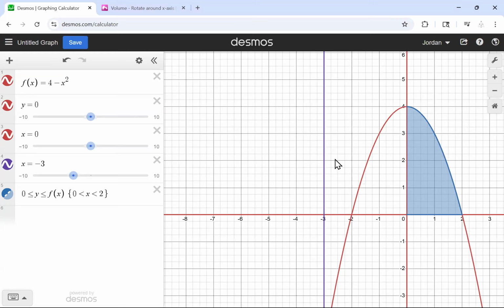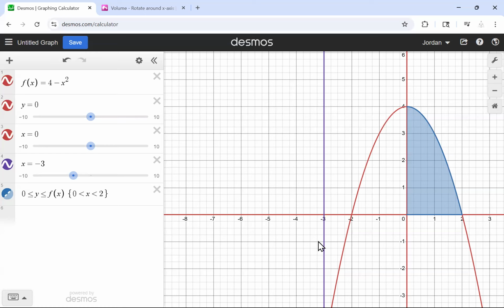The shell method can take care of those holes in the middle because it's just telling us to use the rectangles from x equals 0 to x equals 2. I'm not using any rectangles from -3 to 0. So the shell method handles holes in the middle very well. Unlike with the disk method, where we needed the washer method, here I don't need a new method to deal with holes in the middle.